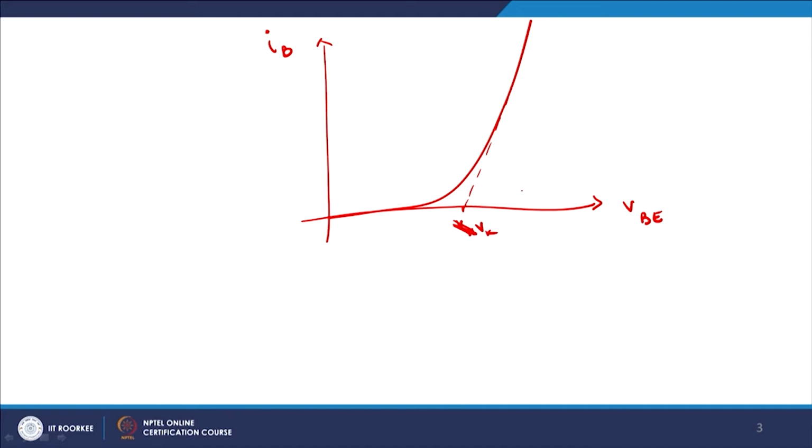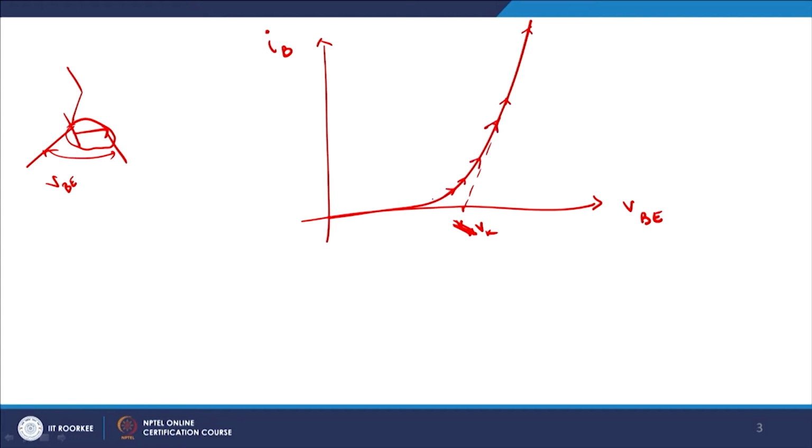So, for IB, in a common emitter configuration, this is the value of VBE, and when this VBE crosses 0.7, this switches on the p-n junction, and as a result the current starts to rise.